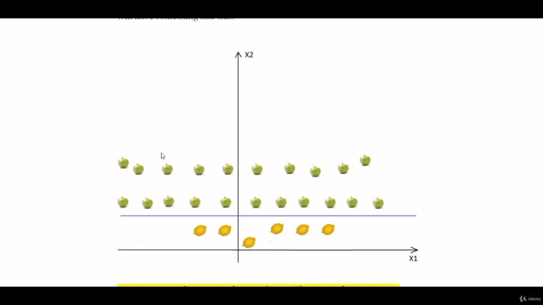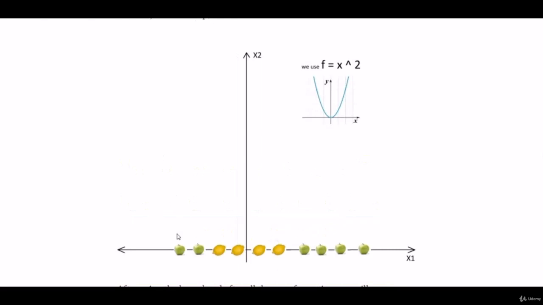To understand that, let's see a simple example. Let's say we have data points here and we are viewing from the side view. The top view will be the same as before. You can see the green apples are surrounding the yellow lemons. Let's say we add another dimension by adding another axis, x2, and we apply the function x squared.